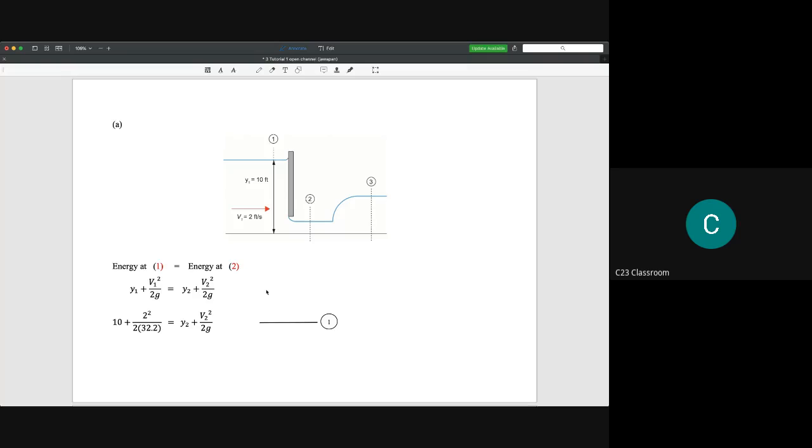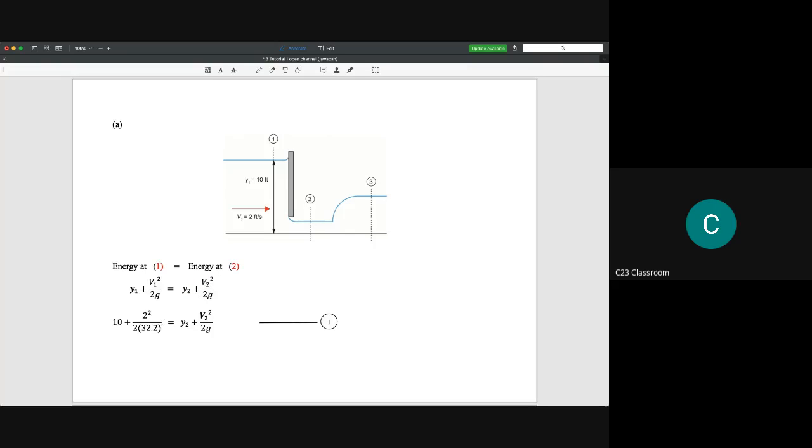So we assume that in gauge pressure calculation, the atmospheric pressure is equal to 0. So we could simplify the Bernoulli equation: we just take v squared over 2g and replace the term z with y. So for 1, we have y1 plus v1 squared over 2g, and for 2, we use the subscript 2 here.